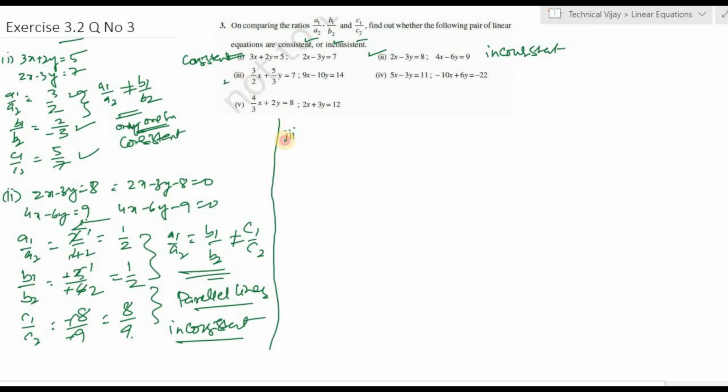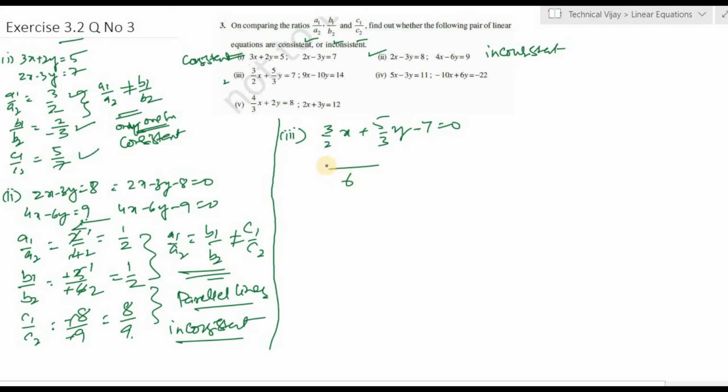So 1, 2, 3, third. So here 3 by 2 x plus 5 by 3 y minus 7 equal to 0. This 7 I have taken to the LHS. So first we will solve this one. See here, you can take LCM.